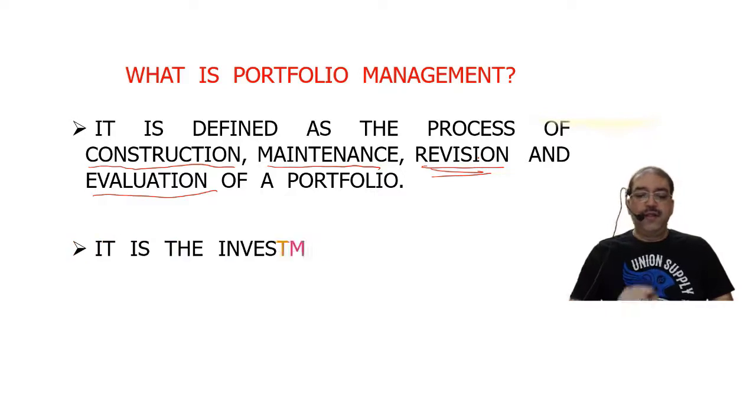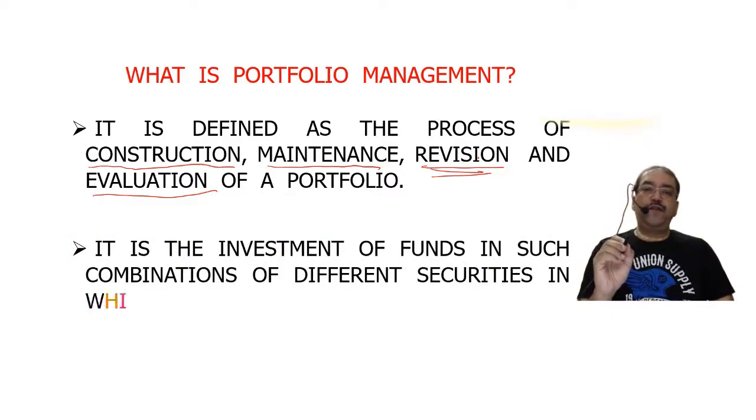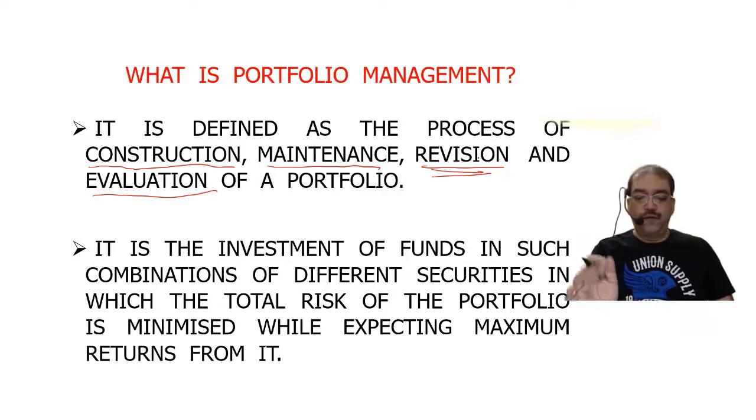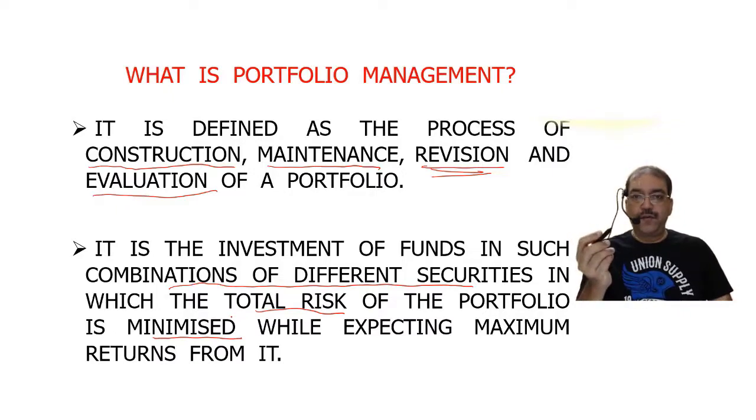Okay. Then it is the investment of funds in such a manner. I told you we want to minimize the risk and maximize the profits. Combination in such a way that we have got combinations of different securities. Total risk of the portfolio should be minimized. So shares are having very high risk. I want to minimize that high risk. So I take next investment in fixed deposit debentures on which I'm going to get fixed returns.